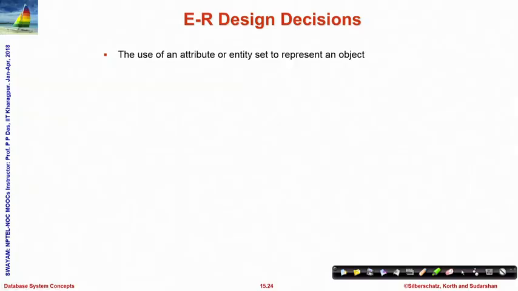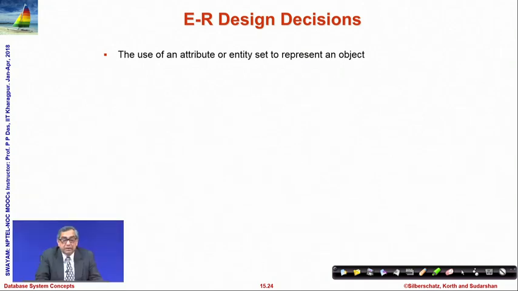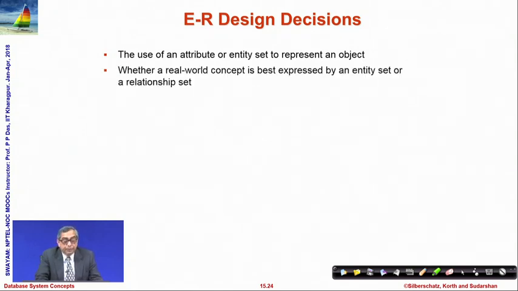So, if we summarize the discussions on the ER design decisions, we see that the first decision that we need to take in case of design is the use of an attribute or entity set to represent the object. So, that is the first modeling question: what is the concept, what are the attributes, or what is the representing entity set for the object that we are trying to deal with, instructor, student, project and so on.